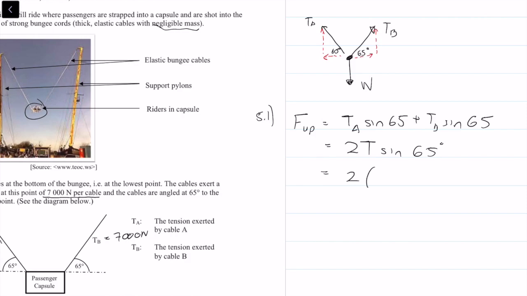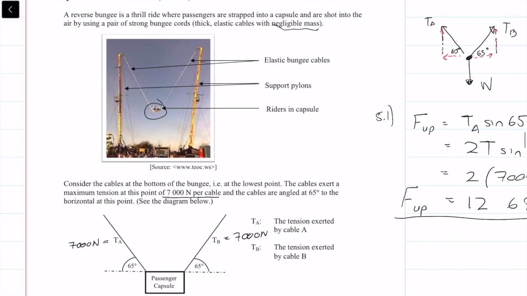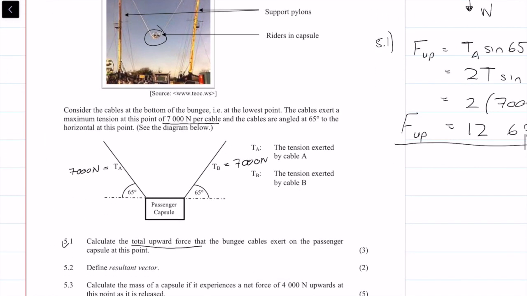So that's 2 times 7,000 times sine of 65. We're using sine because I want the vertical component, this component right here. The upward force can be calculated as equaling 12,688.31 newtons, and we get ourselves 3 marks.